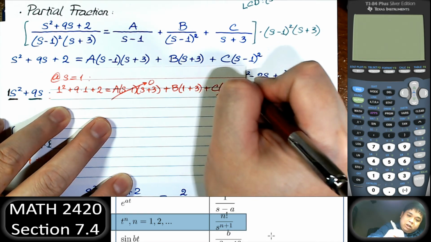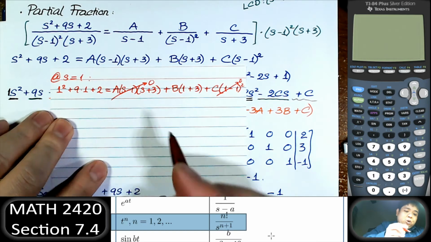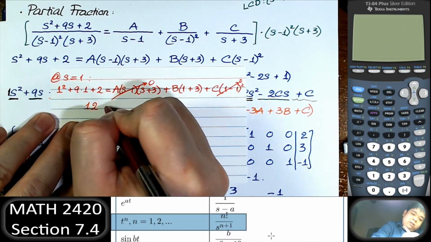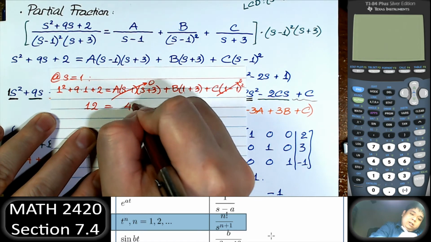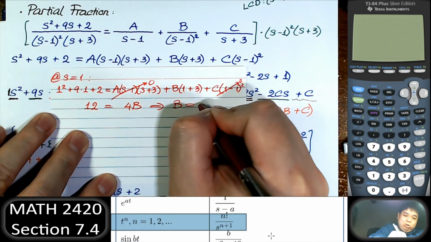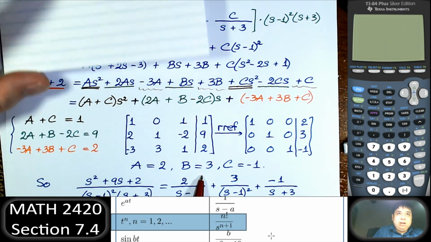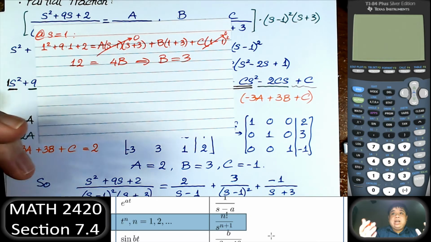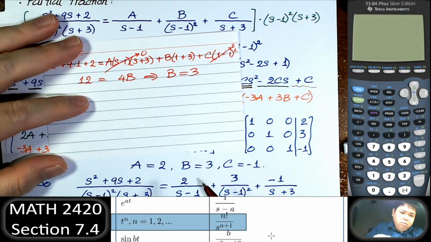Again, that goes to 0. So simplifying, we have 1 plus 9 plus 2, so we have 12, equal to 1 plus 3 is 4, 4B. So in this case, we can get B equal to 3 easily. Right? So when the problem is simple, we can just choose some simple numbers, put them in, and eliminate a lot.